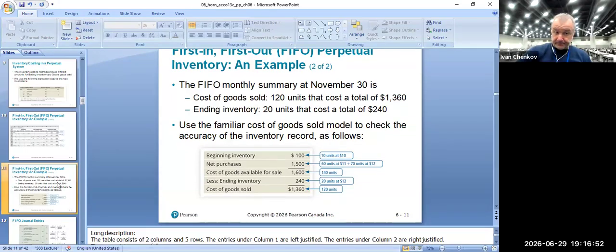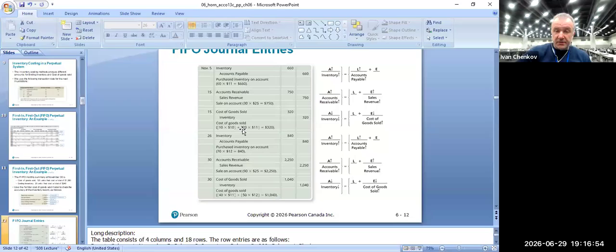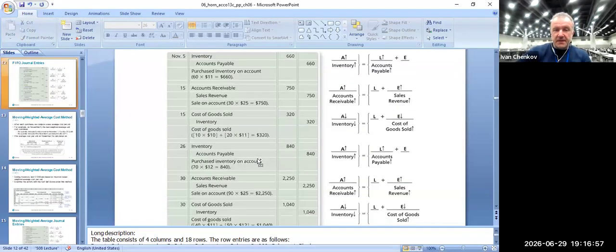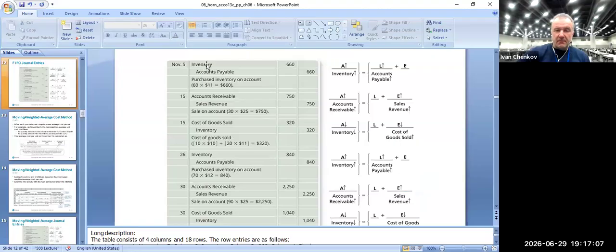Now, if we have to do the journal entry of all the transactions that happened during the month of November, it will be very straightforward because you're using, again, the perpetual system. First we're going to purchase the inventory: debit inventory, credit accounts payable. Then we're going to sell the inventory: credit sales, debit accounts receivable.